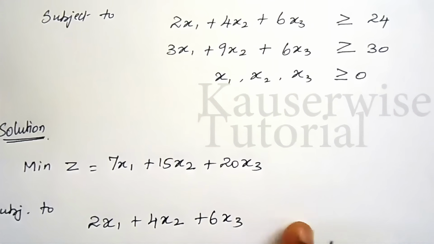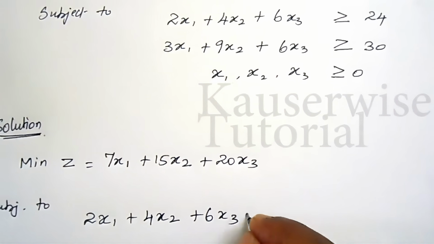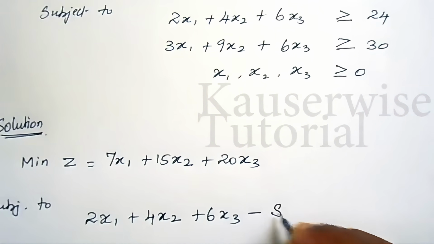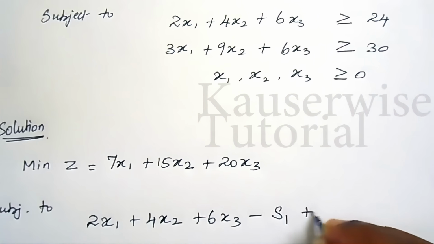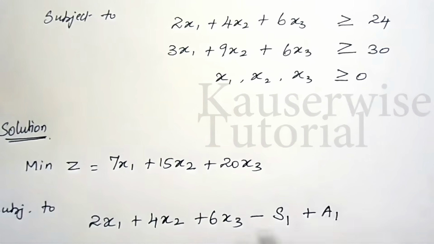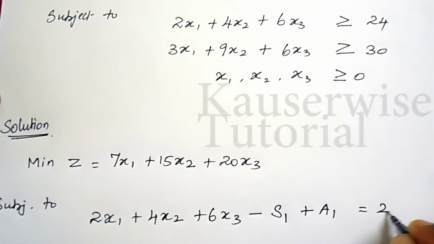In order to balance the equation, we need to subtract surplus variable 1 and add artificial variable 1 in the first constraint, equal to 24.